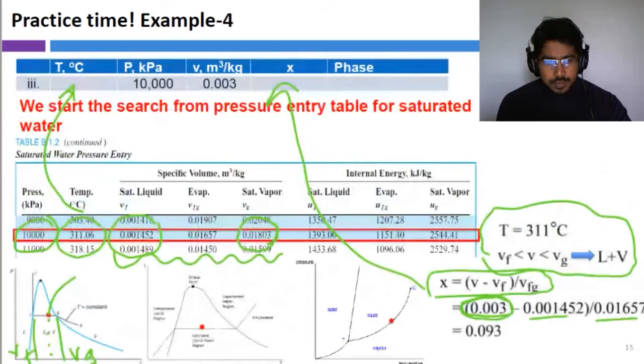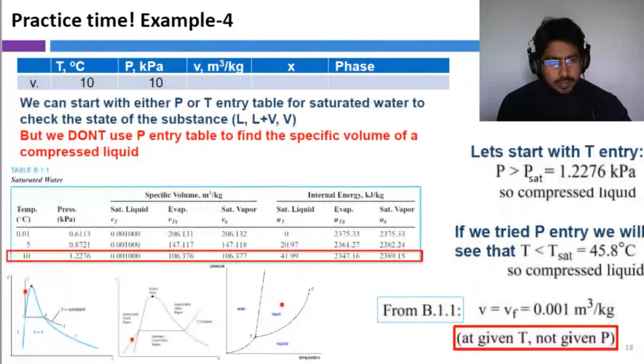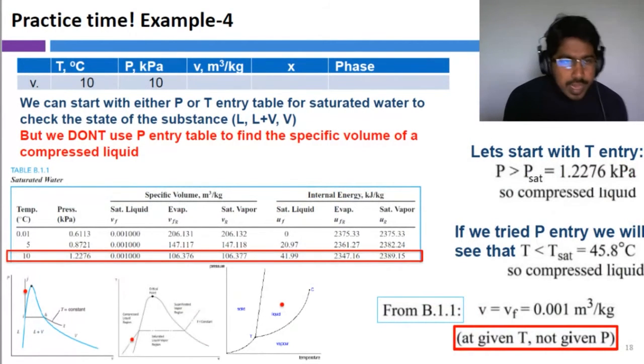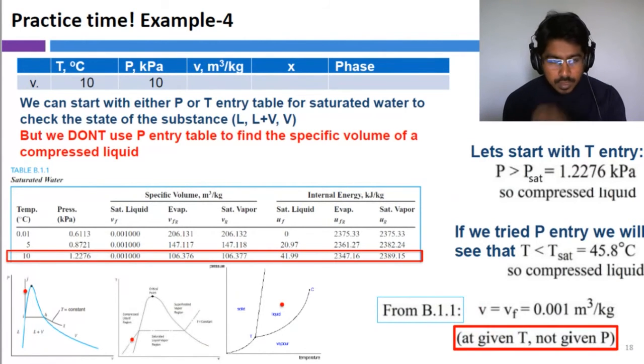Okay, so now here we are. We can use pressure entry or temperature entry tables to find this. I have picked temperature entry here. So you can determine the state using either of these, right?